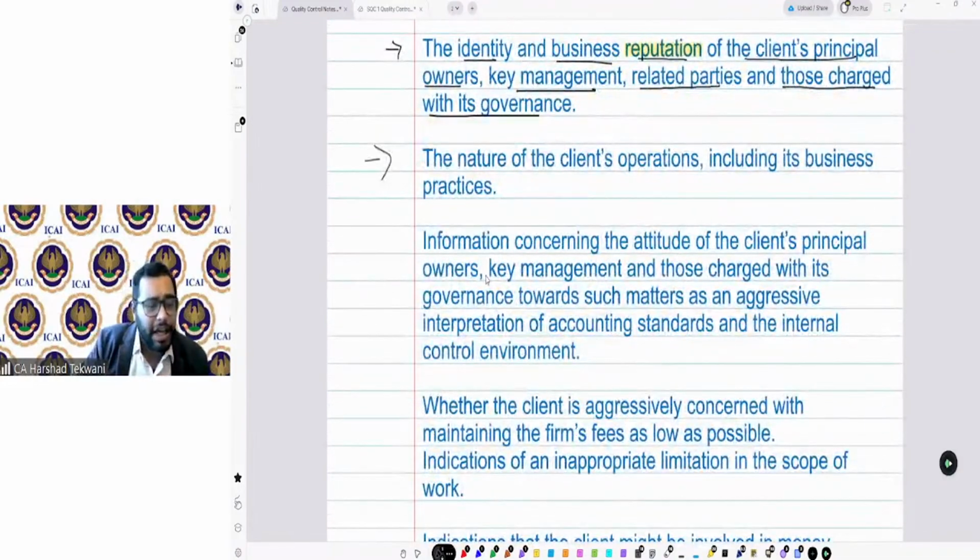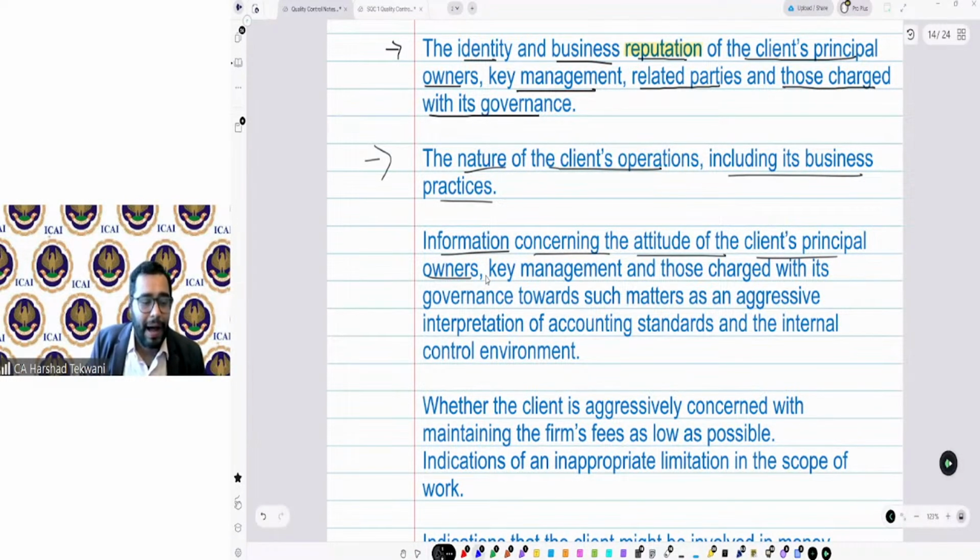Second, the nature of client's operation, including its business practices, like what kind of businesses is client operating, business practice, and all those stuff. Third, information concerning the attitude of the client's principal owners, how clients principal owners or management, board of directors, those charged with governance have the attitude.